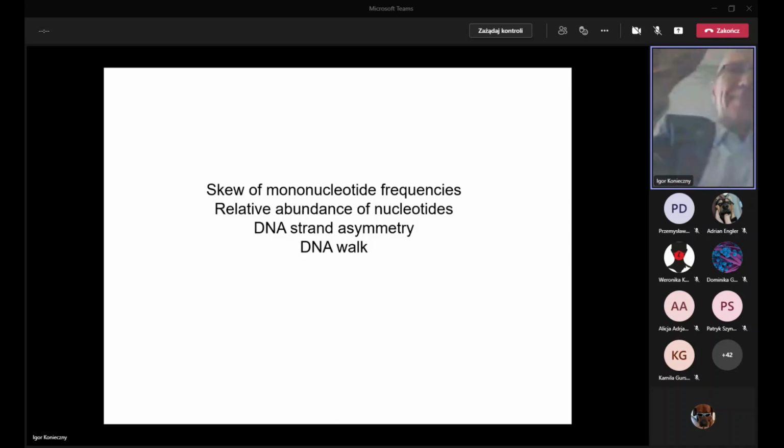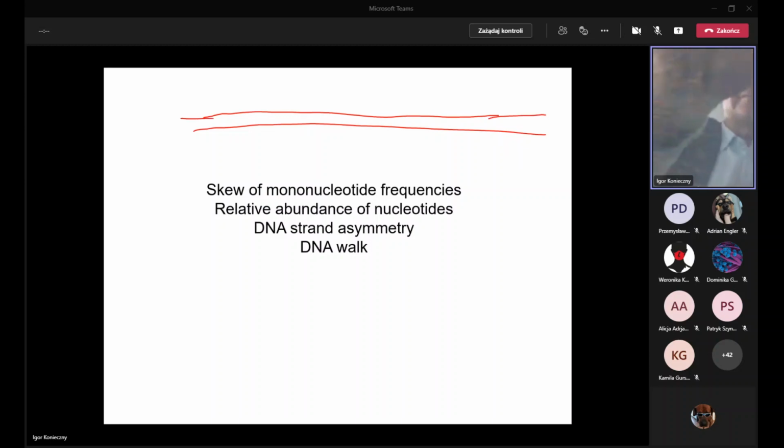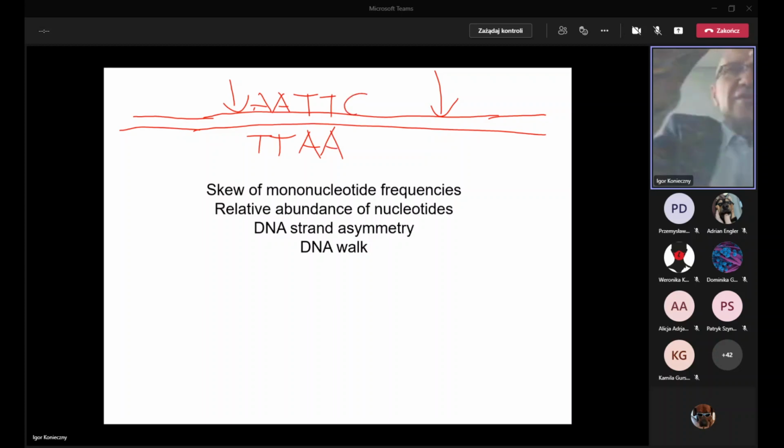Well, we can expect that if we have chromosomal DNA, and let's say the fragment of DNA from here to here, and we read the sequence, it's going to be A, TT, and then, for example, TT, AA, and then G, GCC, and then CCGG.